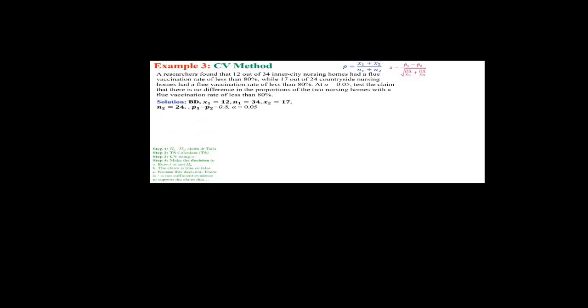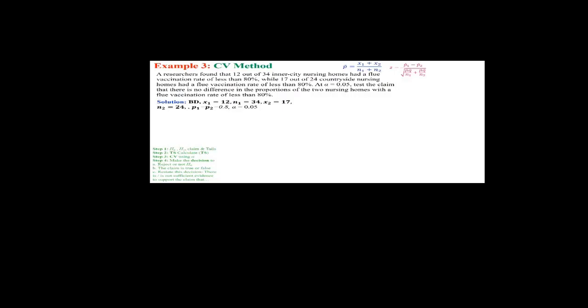So with that being the case, let's start looking at the test of hypothesis, which means we start with H0 and H1. We are saying that P1 minus P2 equals 0. P1 minus P2 is not equal to 0.